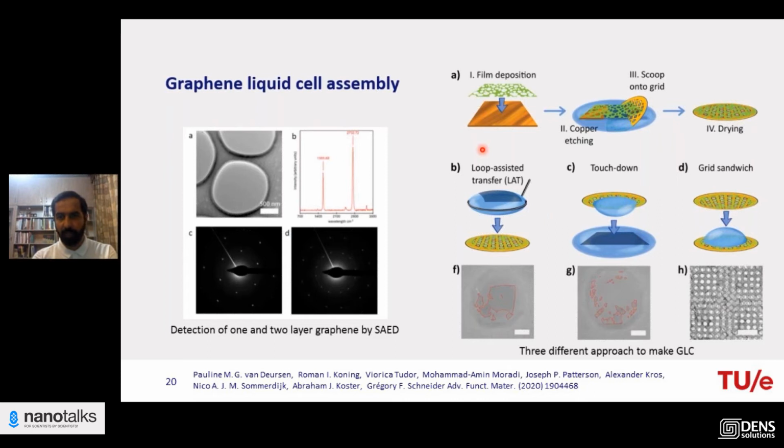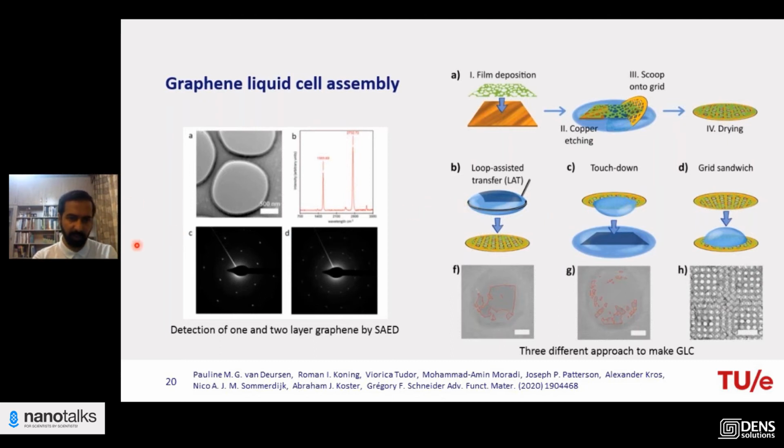But the beginning for all three methods was using a polystyrene film on a CVD graphene and then etching the copper away, scooping the graphene and the polymer spacer, and then bringing that grid to put the second layer of graphene on top.